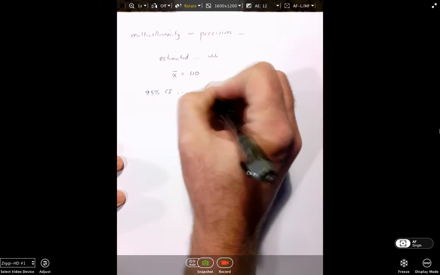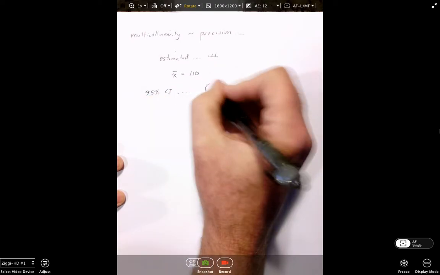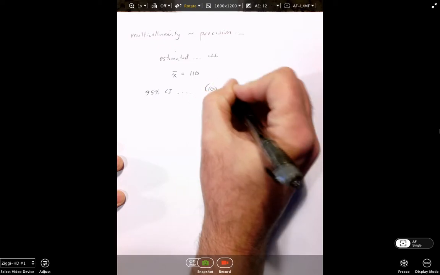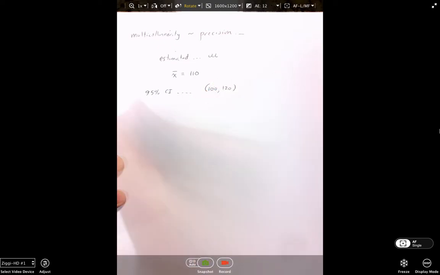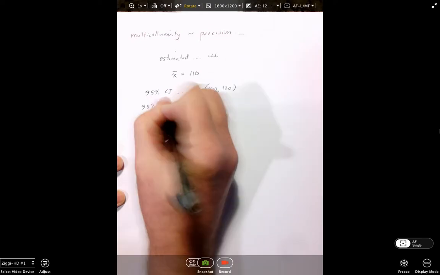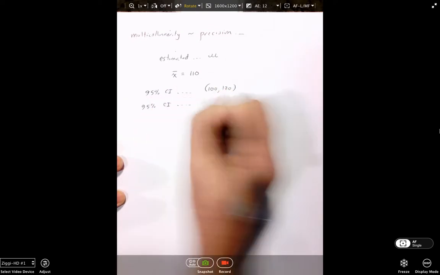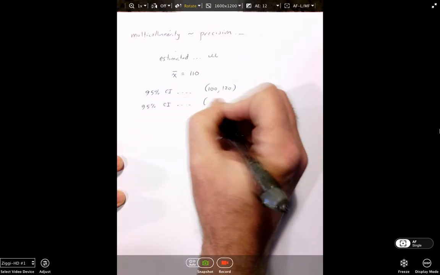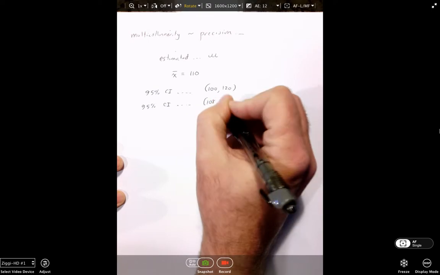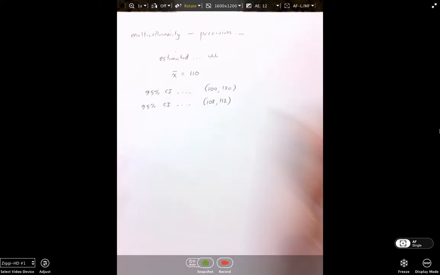turns out to be 100 to 120. And another 95% confidence interval turns out to be 108 to 112.